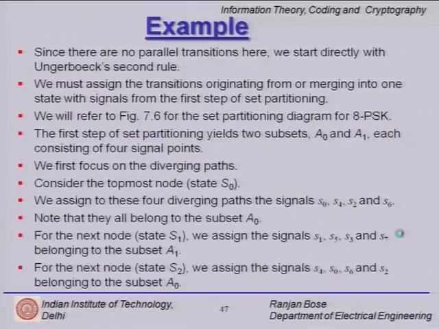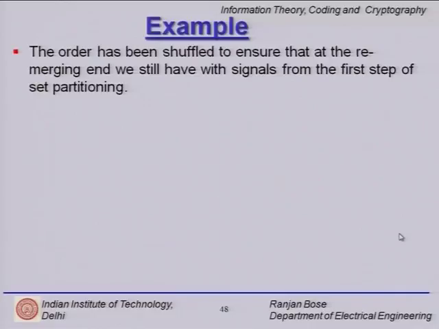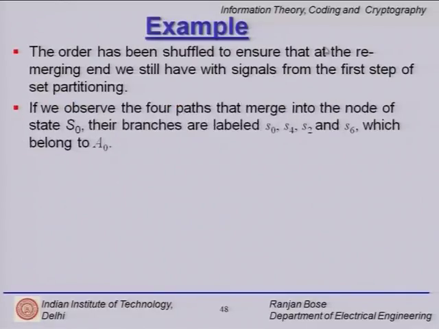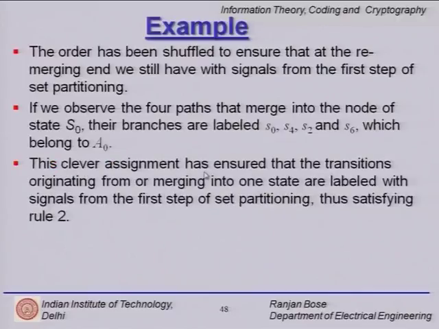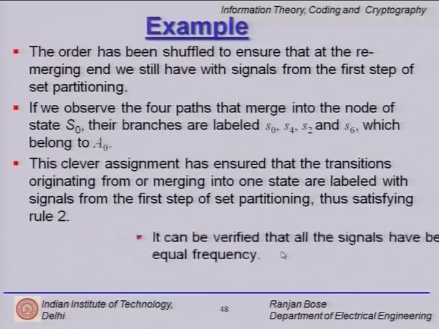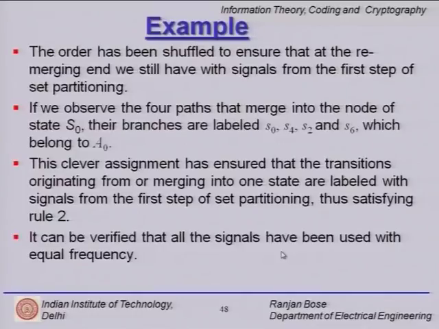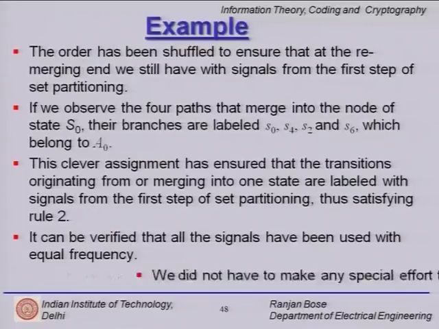The order has been shuffled to ensure that at the remerging end we still have the signals with the first step of the set partitioning. That is the care we have taken, and we have also ensured that all the symbols have been used with equal frequency. So, we have been able to use Ungerboek's design rules to assign symbols to this trellis diagram with 8 states.